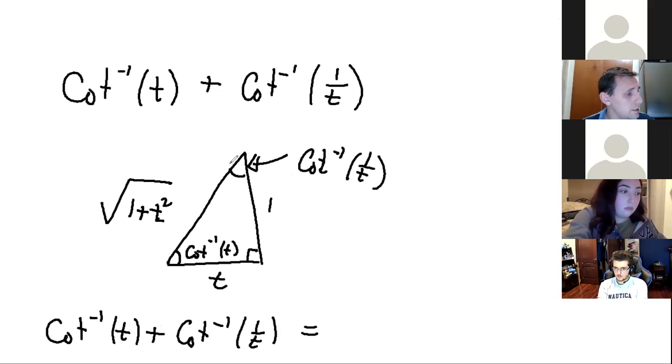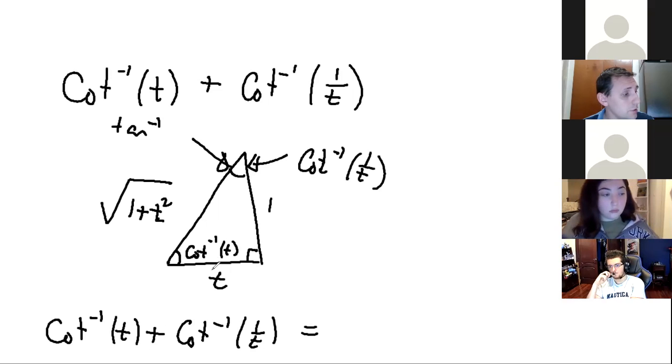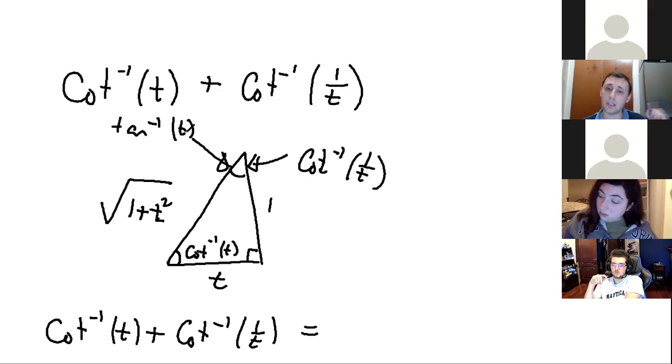So I can write this as tangent inverse of T. This is also tangent inverse of T. So maybe that's what you meant, Christian, right? Not tangent, but tangent inverse. And you said X, but I think maybe that's what you meant. And if so, that's a great observation.